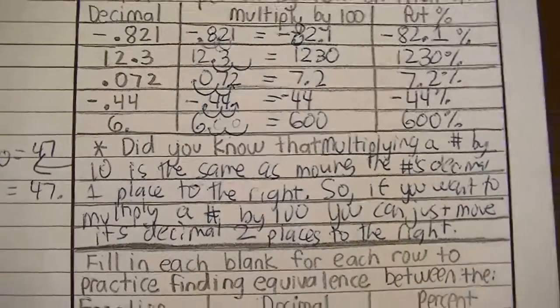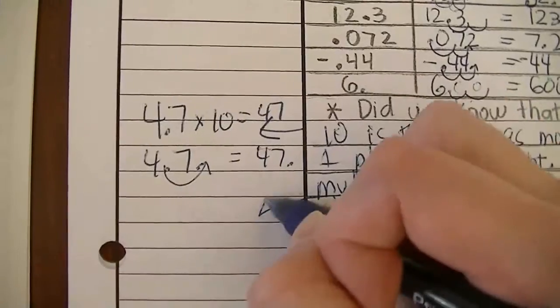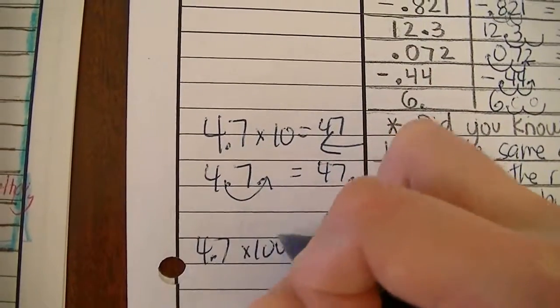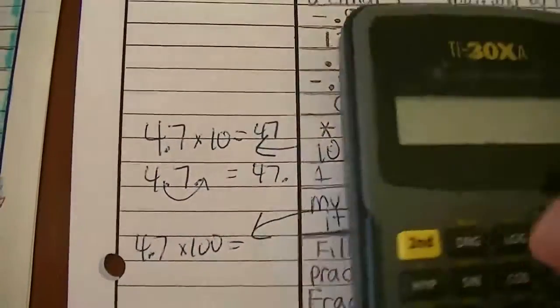Okay? So let me do a little example right here. If I had 4 7/10 and I want to multiply it by 100, let me show you what the calculator would say.